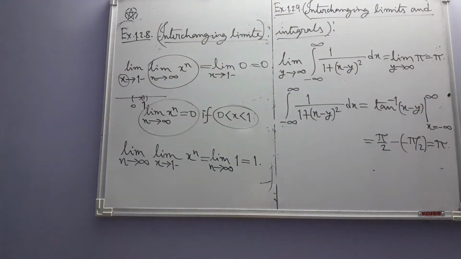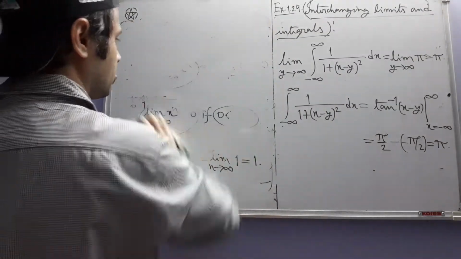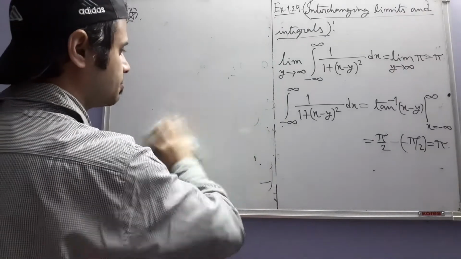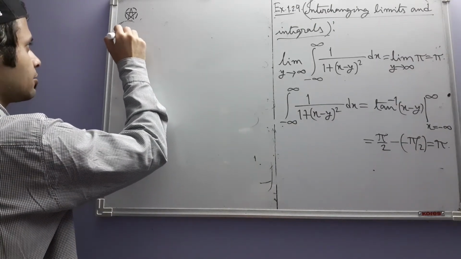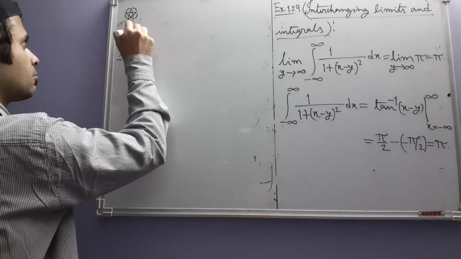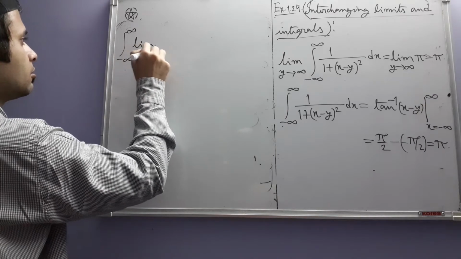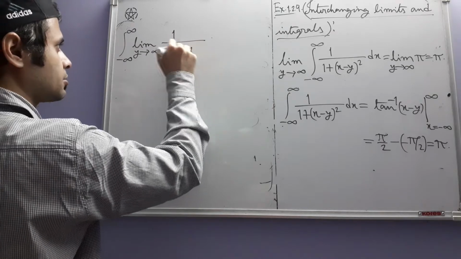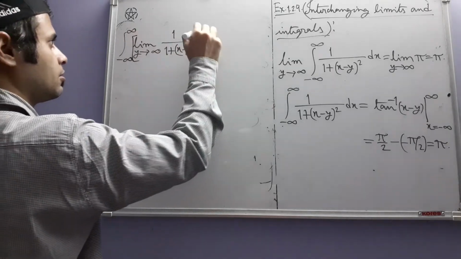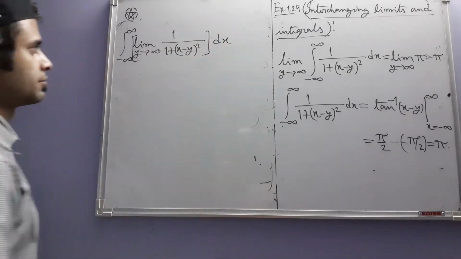Now we interchange the operations and let's see what we have. We now want to calculate the integral of the limit as y tends to infinity of 1 by 1 plus (x minus y) whole squared, dx.